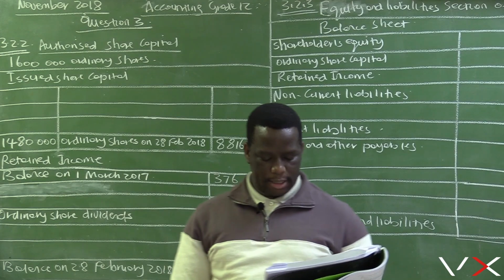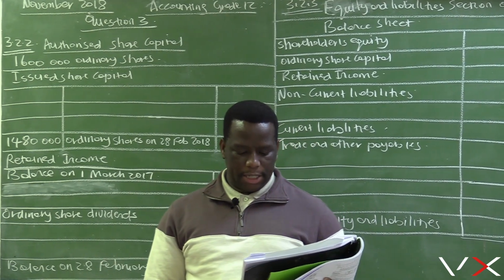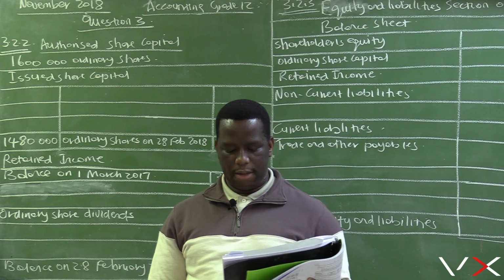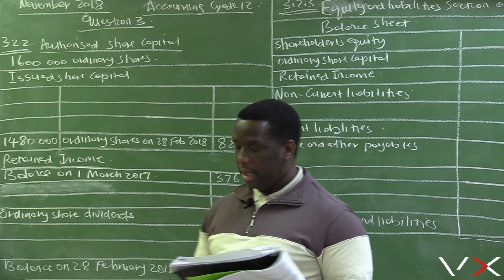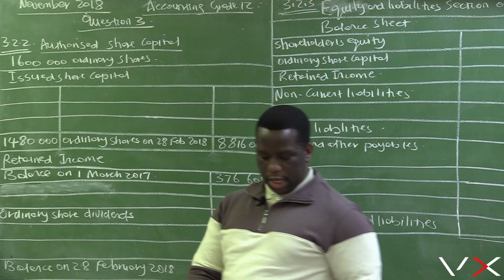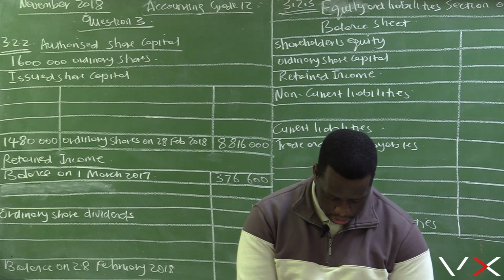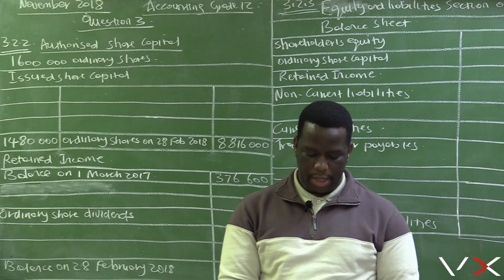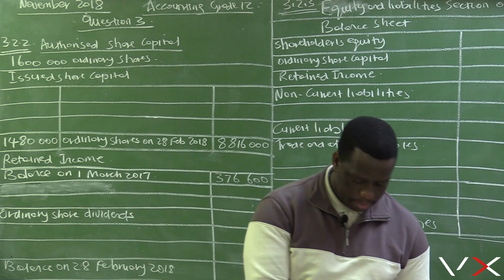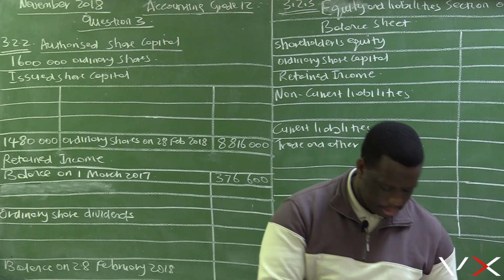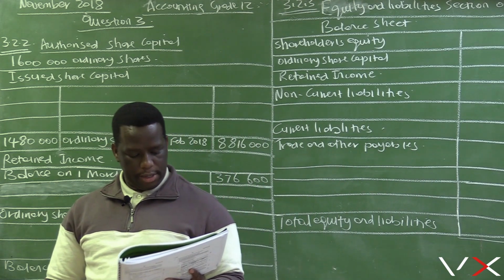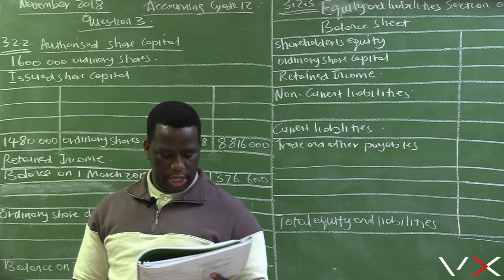3.2.2 says notes to the balance sheet, statement of financial position for ordinary share capital, 7 marks, and retained income, 7 marks. For the ordinary share capital, if you go to page 9 of your question paper, we do have information related to the ordinary share capital account.